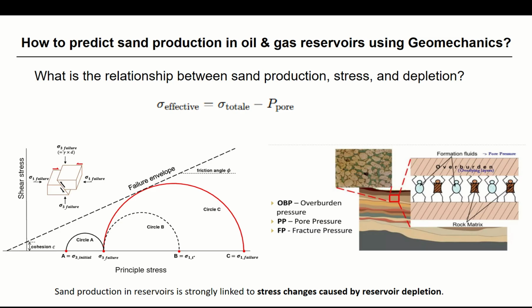Under initial conditions, we have the effective stress equilibrium, where the effective stress equals total stress minus pore stress. This is the balance, and under this balance, the rock remains stable.